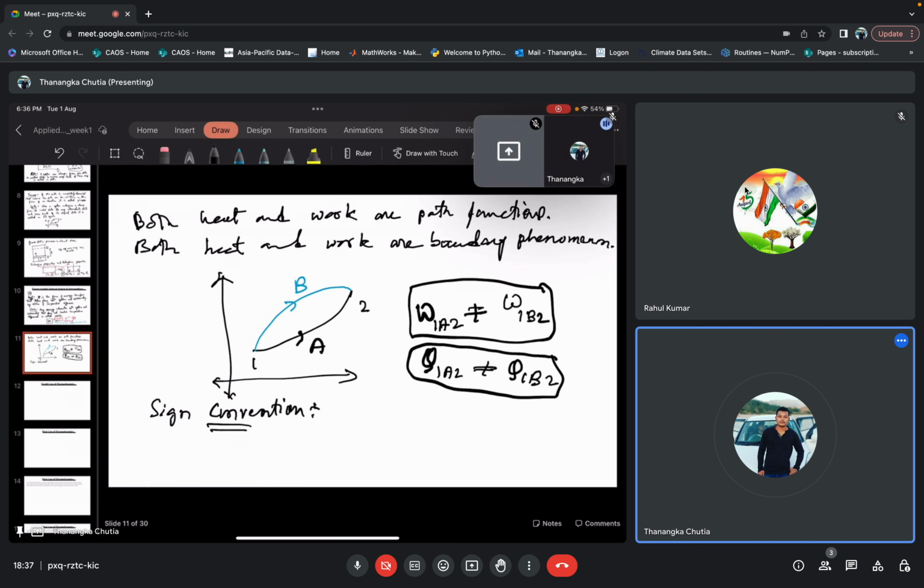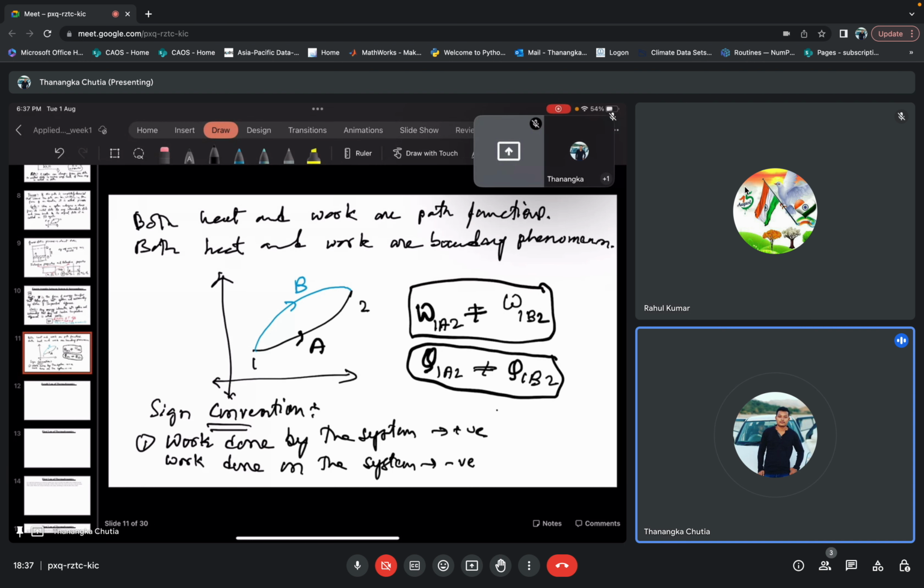Another thing, the sign convention, which is very important: work done by the system is positive and work done on the system is negative.